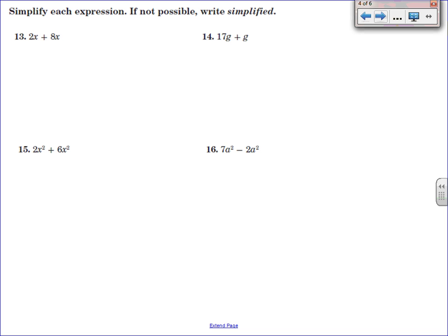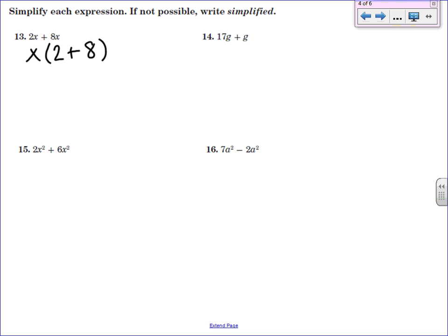In number 13 through 20, they're asking us to simplify the expressions, and if they already are simplified, we just write simplified. So in number 13, we have two things that have x. So they have the same variable with the same exponent on the variable. So to use the distributive property, we pretend that this was set up before as x times 2 plus x times 8.